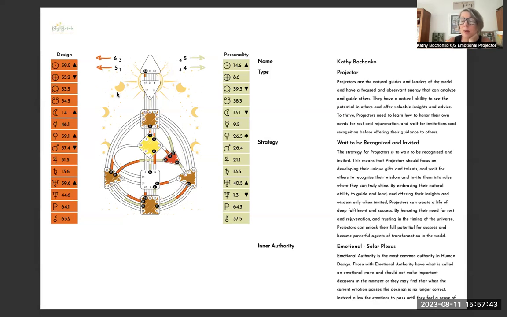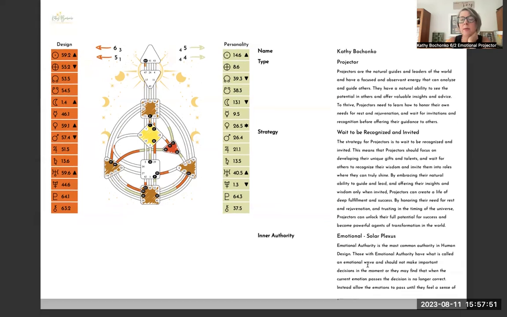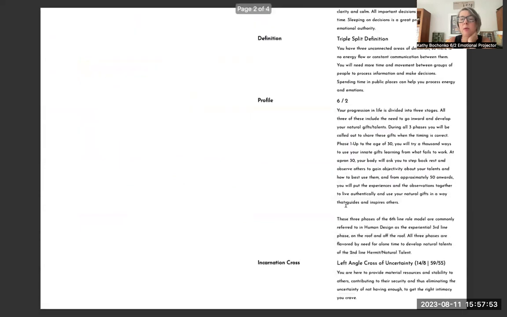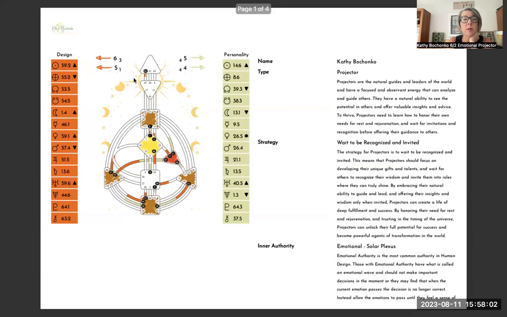And the reason is because there are so many nuances to everything, but this is where your profile lines come from. So you'll see as I get further down here, it says my profile is a 6-2, right? So the 6-2 comes from these numbers here after the gate.